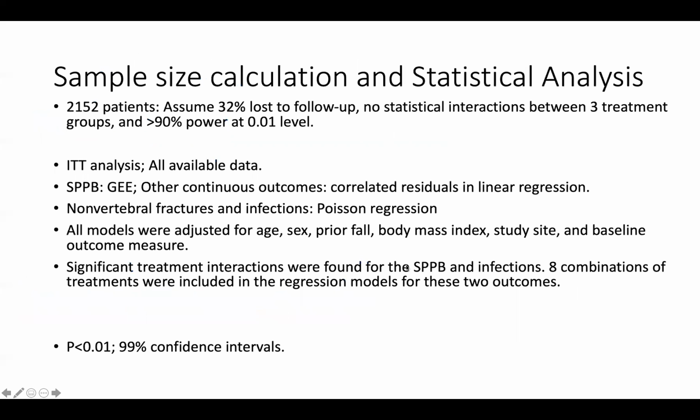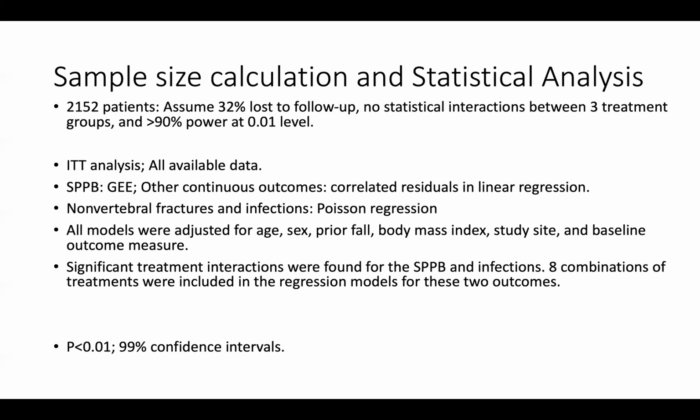So for the sample size calculation and statistical analysis, 2,152 participants were required for this study. This study used intention to treat analysis, and GEE and linear regression with correlated residuals were used to account for the correlations of the measurements within individuals.